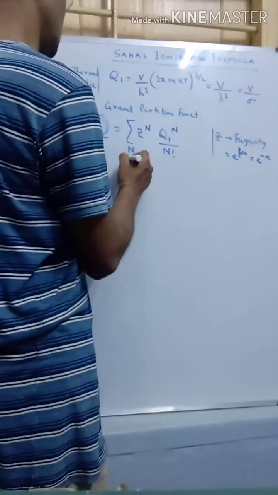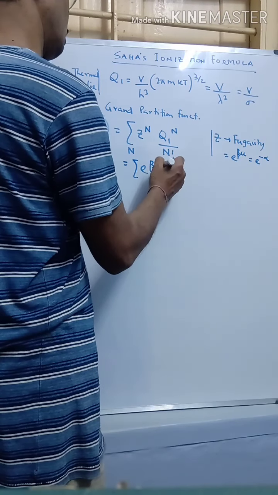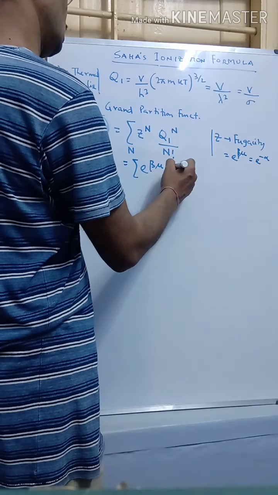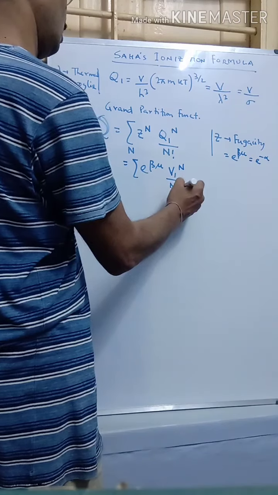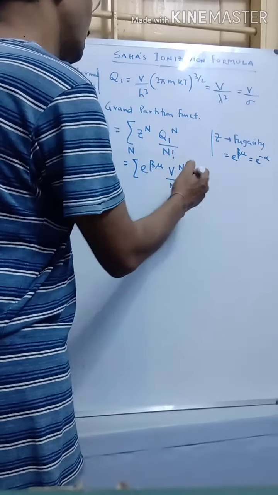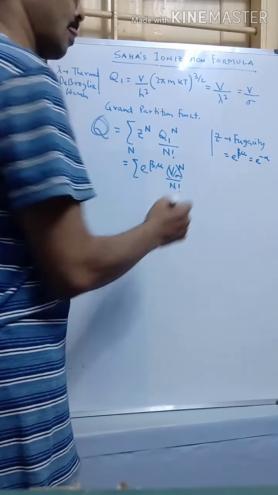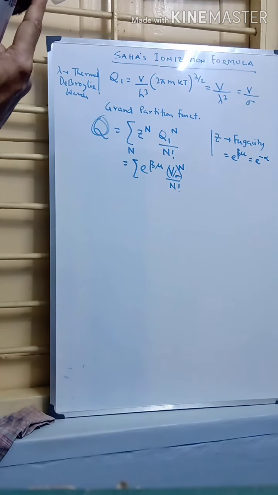So we can write this as the summation over n of e to the power beta mu, to the power n, times q1 to the power n by n factorial, where q1 is V by sigma.